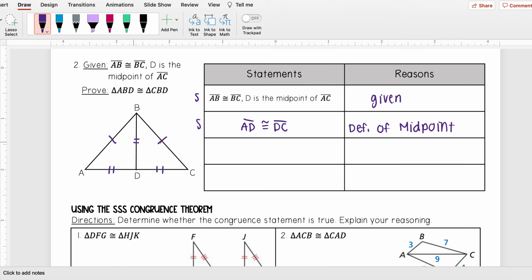And so I know from the reflexive property that BD will be congruent to itself. So I have my third side here, and that's just my reflexive property. So I have three sides. I have my S, S, S, and so I can therefore say that triangle ABD is congruent to triangle CBD, and that's by side, side, side.